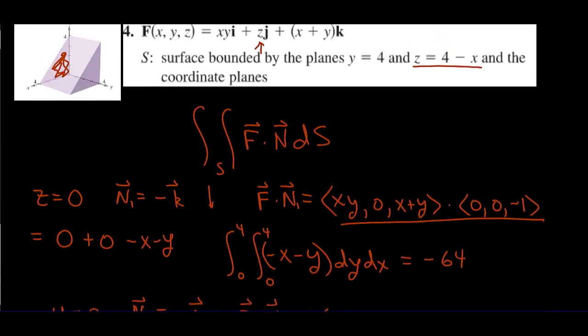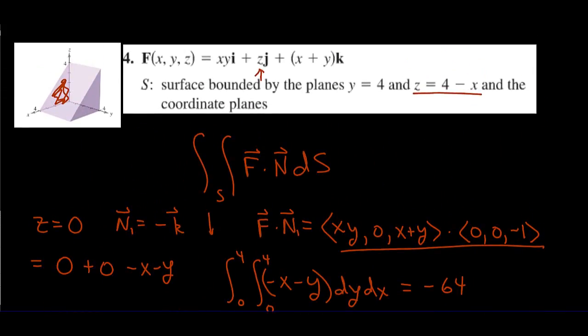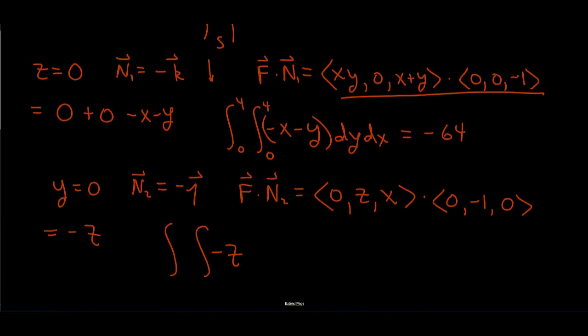And when you look up here, where y is 0, if we're just considering x and y, for any given x, z goes up, starting at 0 to 4 minus x. So we've got 0 to 4 minus x, and that's dz.